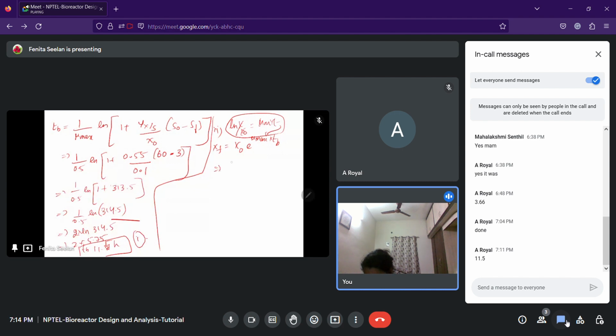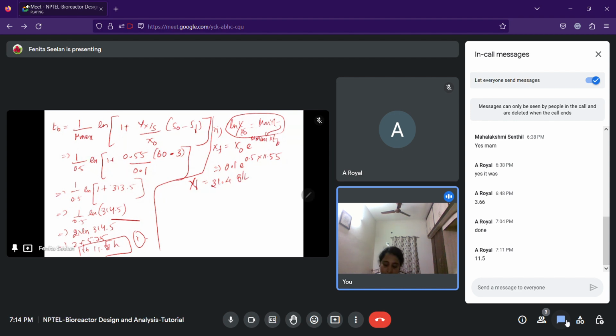We know our X naught value, which is 0.1, e to the power of mu max, 0.5, into batch time, 11.5. So we calculate XF as 31 point something, 0.4 grams per liter.